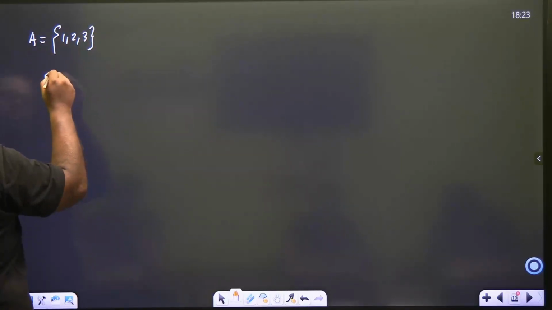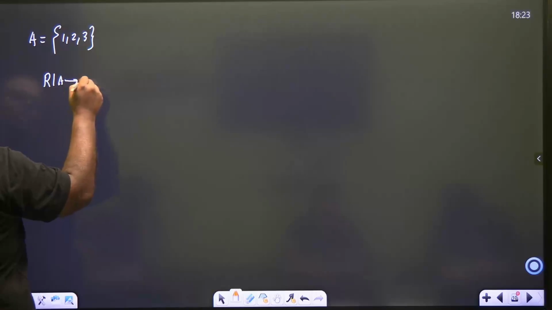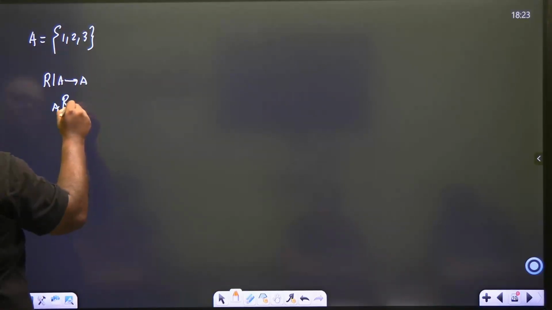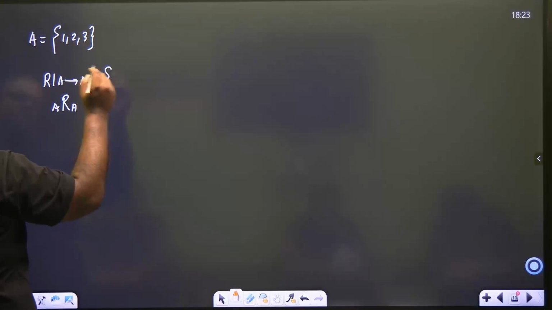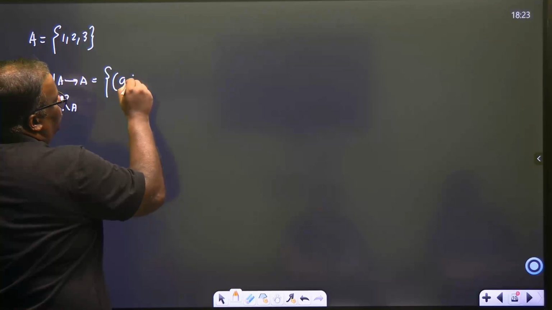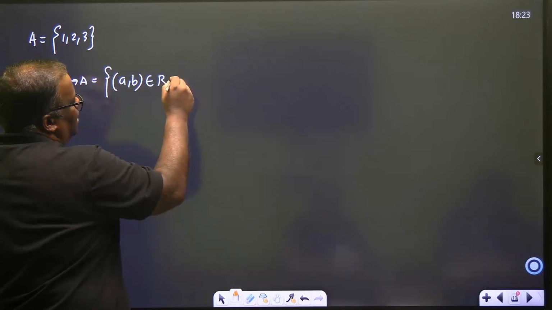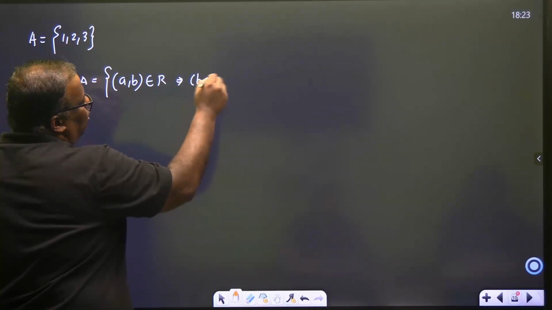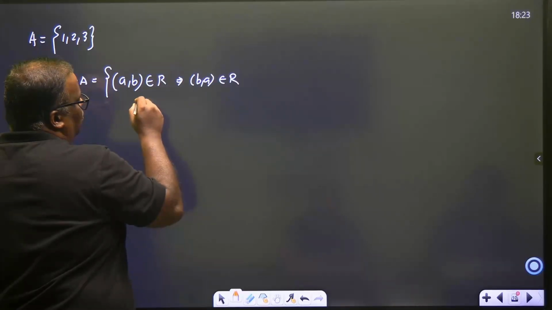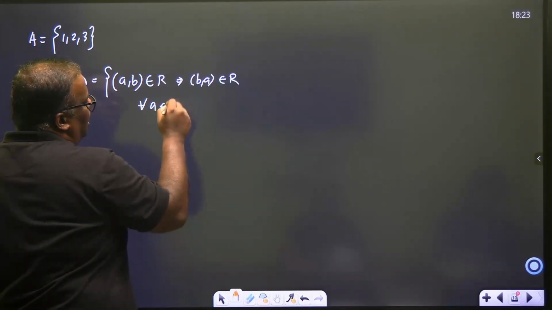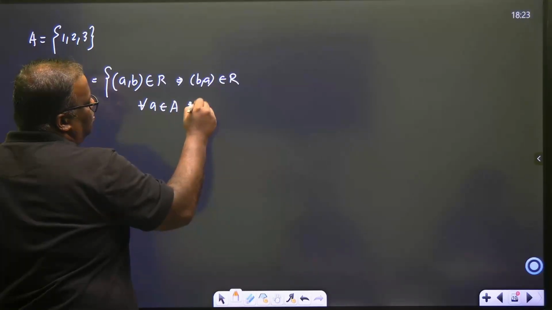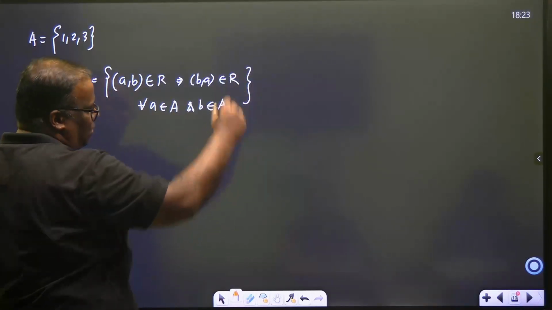I am trying to map a relation R from the set A to A. If (a, b) belongs to R, this implies (b, a) should also belong to R for every a belonging to A and b also belonging to A. This is very simple.